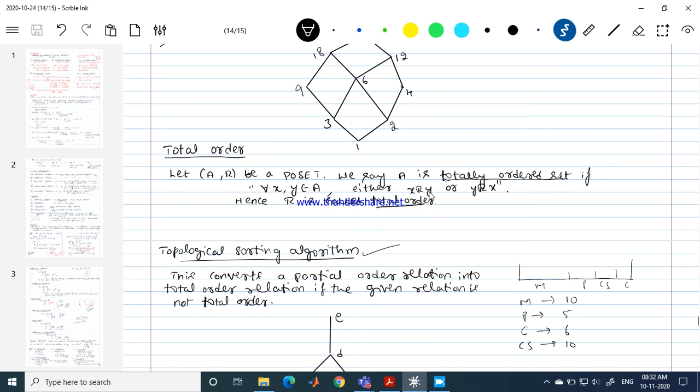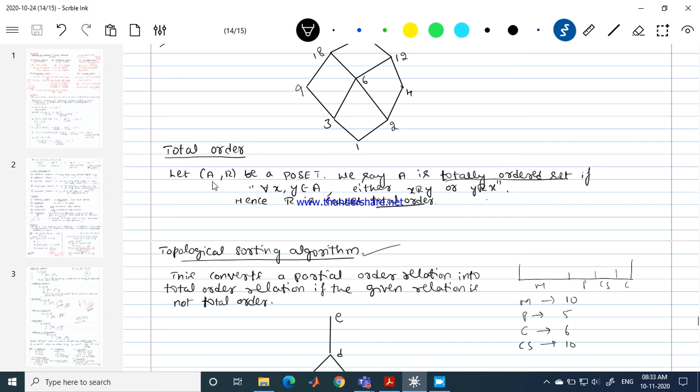We expect only x comma y is present or y comma x is present. So for every x, y belonging to A, if one of these is part of my relation, it should be true for every pair. In that case, we call this relation R a total order relation, and the set A a totally ordered set. That is, all the elements of set A are in one particular order.